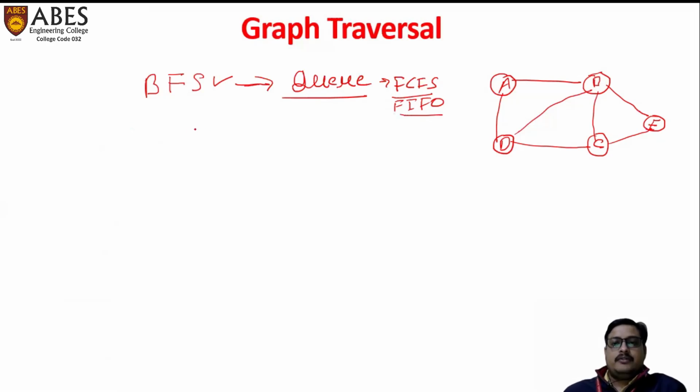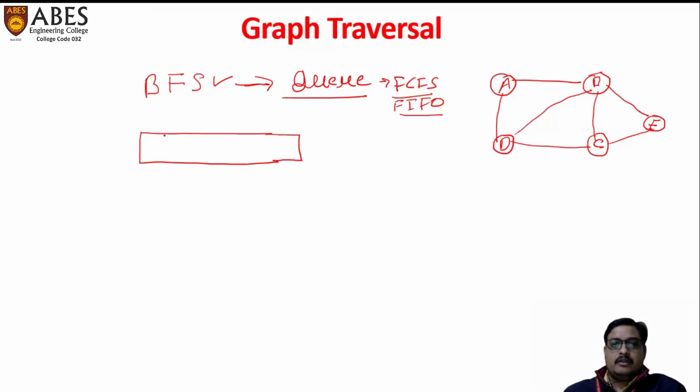Okay. So for this, we will create another array which is called the visited array. That will track the status of all the vertices, whether a vertex is visited or not visited. So we'll create one visited array and another empty queue. Suppose this is our visited array.